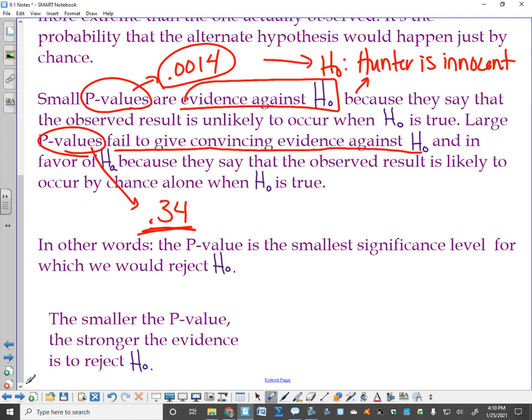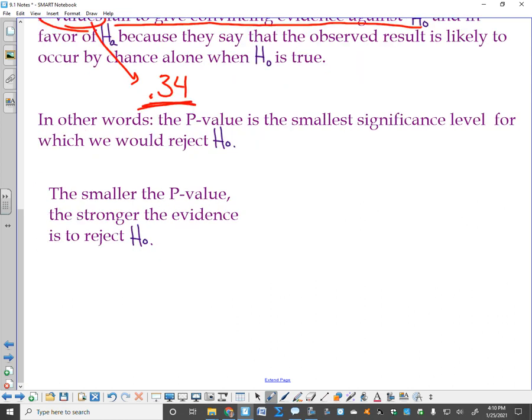Okay, now right here at the bottom of this page, there used to be something there, and I do not know if it's in your notes or not, but you need to draw this. Let's see. P-value.